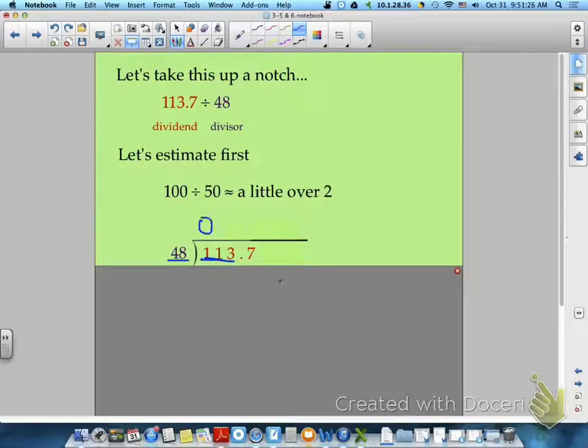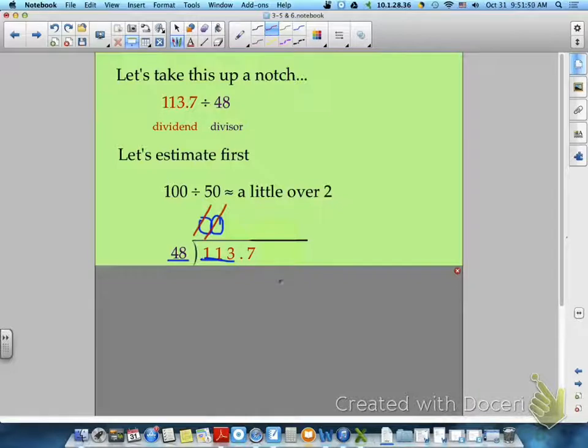Put a 0 there. Because 48 does not go into 1. Then you said, okay, let's take the next digit. 11. Does 48 go into 11? No. So they ask you to put another 0. And now you can look at 113. Now, do these zeros have any value? No. So I can just drop them.